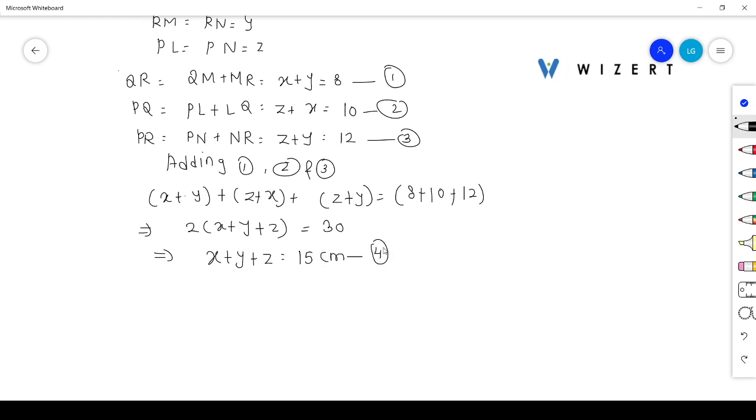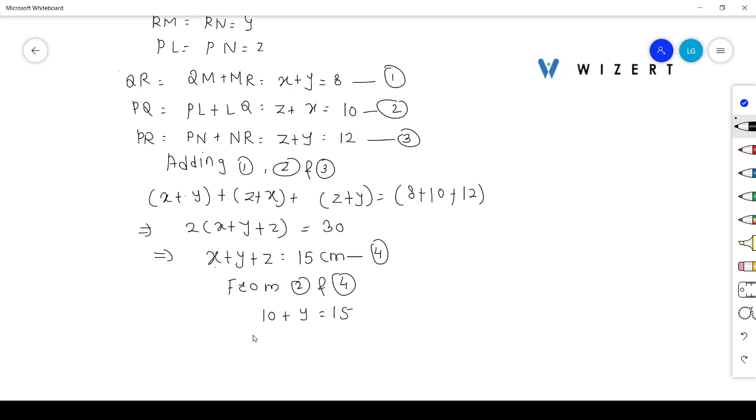Suppose this is 4. Now to find the value of Y, from 2 and 4 we have 10 plus Y. If we subtract 2 from 4, we will get 10 plus Y equals 15.